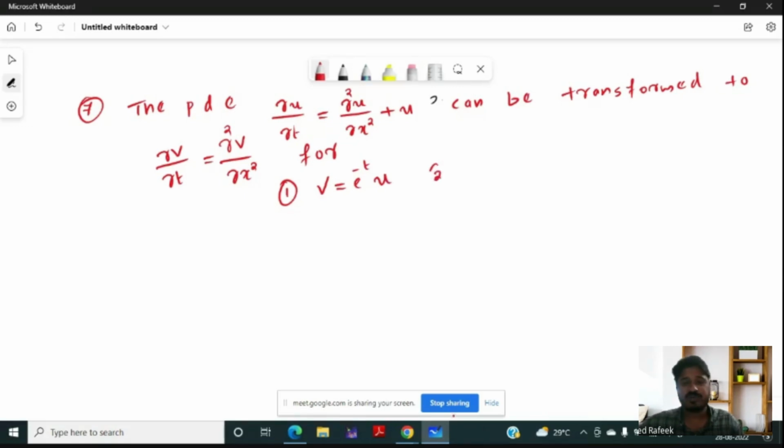Option 2, v equal to e raised to t into u. Option 3, v equal to t into u. Option 4, v equal to minus t into u.